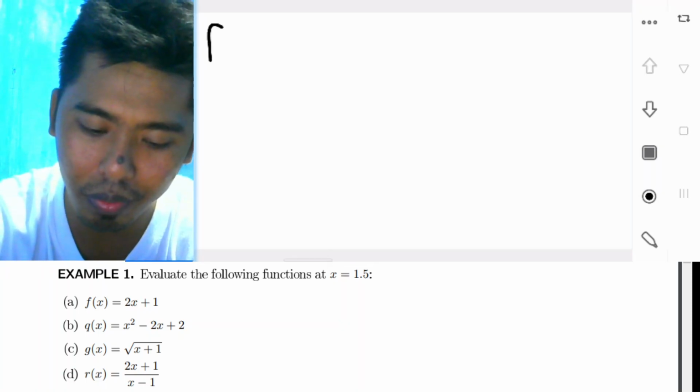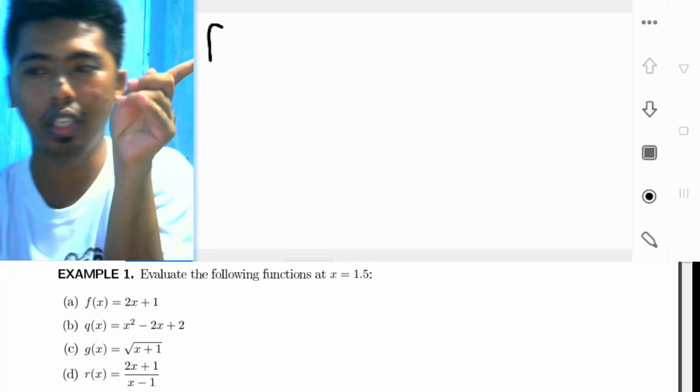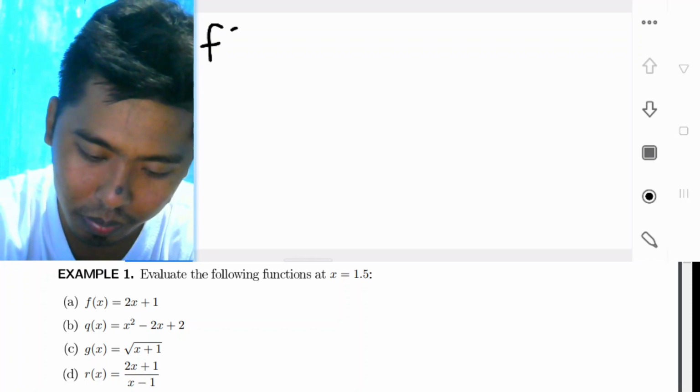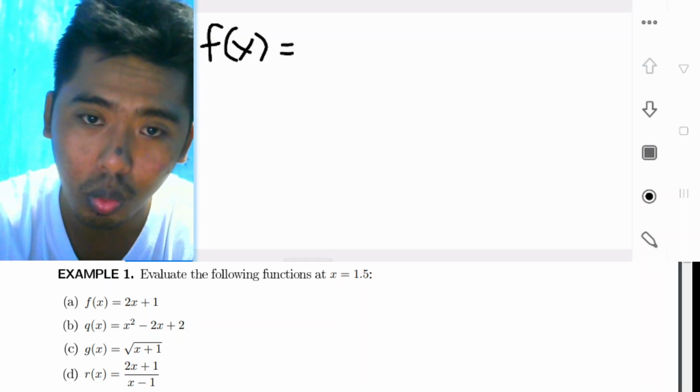So we have, on our whiteboard, f of x is equal to 2x plus 1.